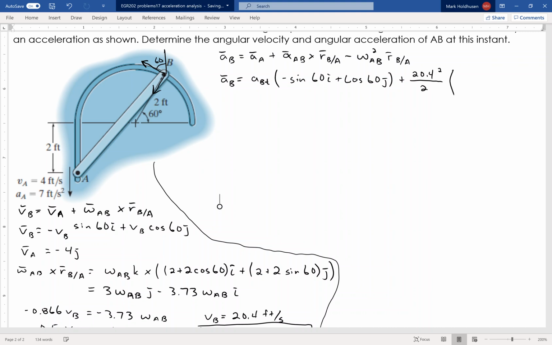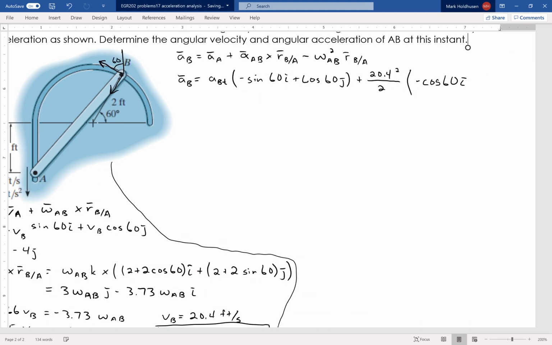And again, this is going to be negative cosine 60 in the i, and then negative sine 60 in the j. Okay, so that's the acceleration of point B, both a tangential and a normal component to it. So I'm going to leave that as is. It's a little ugly and messy, but we're going to leave it like that.